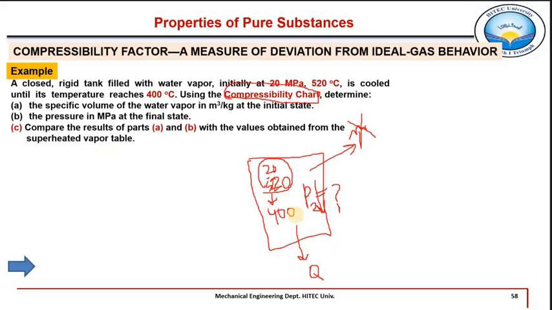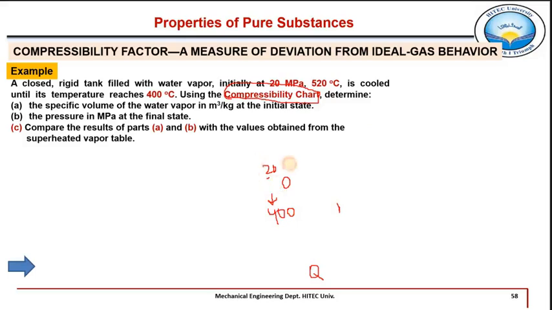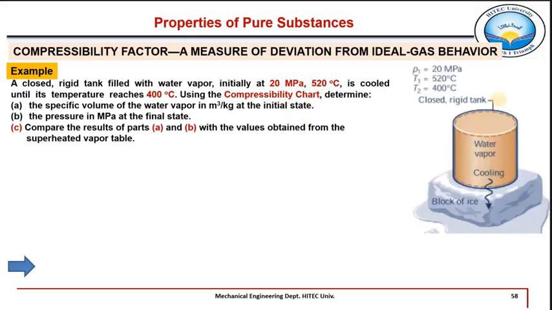So that is the question which we need to solve. Because water is a non-ideal gas, that's why we are using the compressibility chart. This was the schematic diagram of this problem. This is a tank, closed and rigid, with an initial temperature and a final temperature.